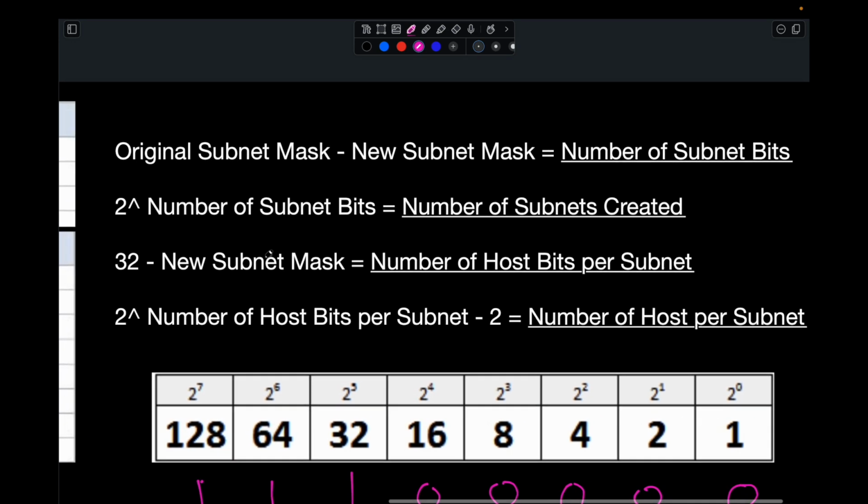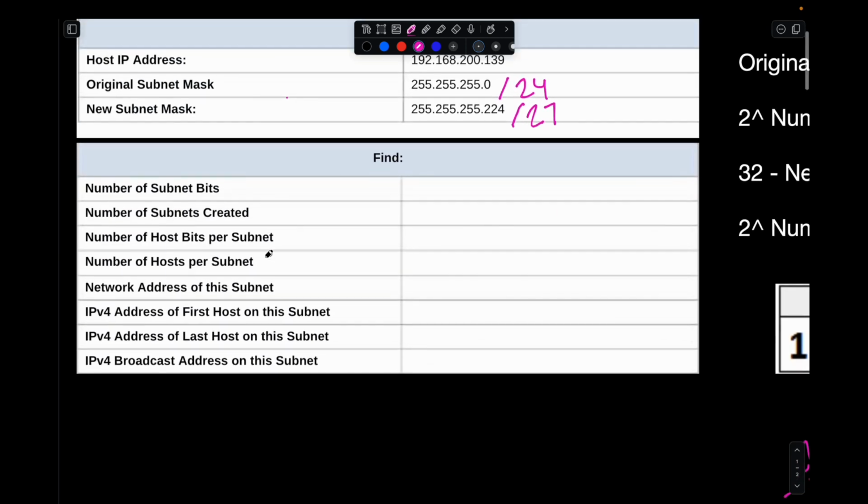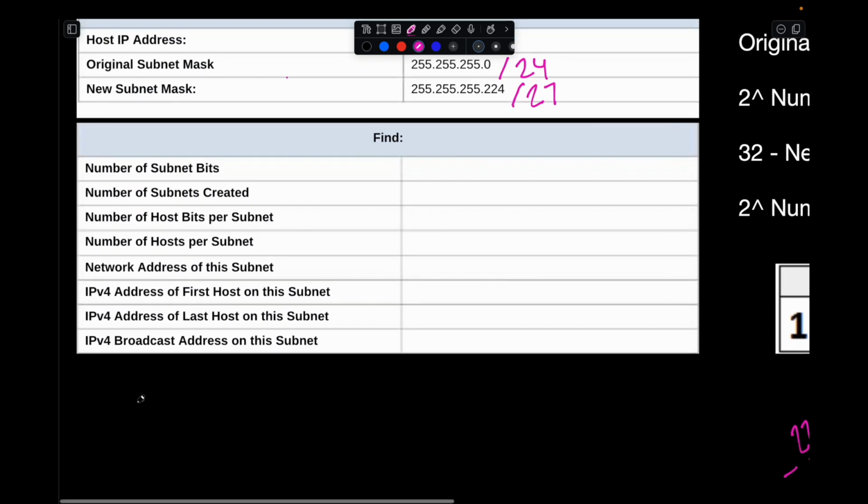Obviously subtract the bigger number first, because we're not trying to get any negative numbers. 27 minus 24 is 3. So for this one, the answer is 3.